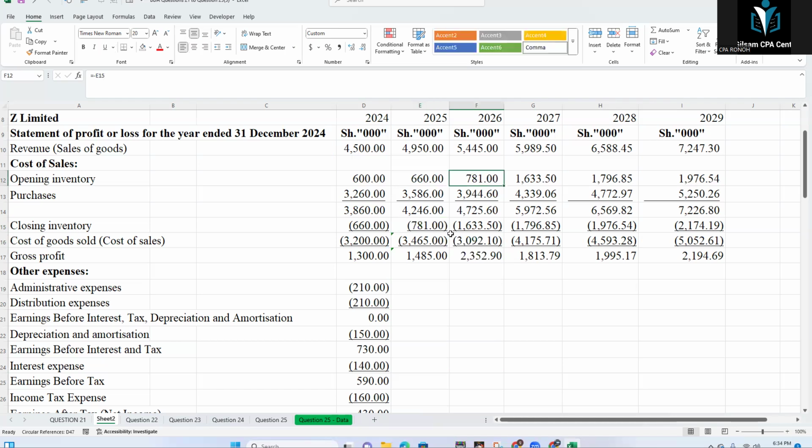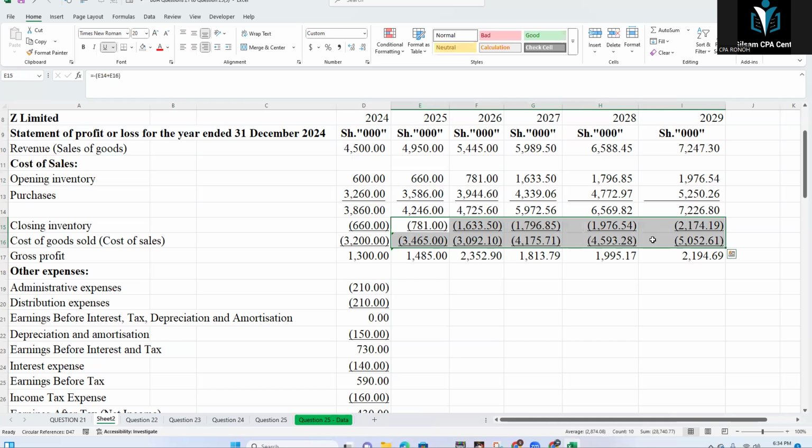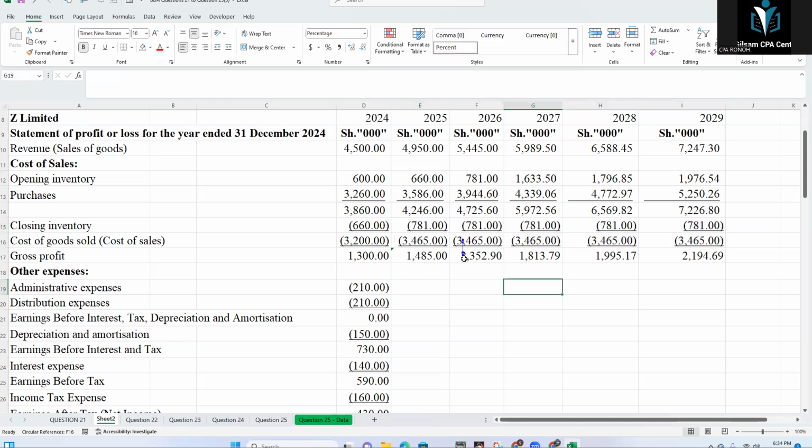So where have we inserted the formulas? I think these two. So you can select the two, and up to that, click Control R to copy the formula across. Now here, why are we getting this green something? That is 30% of that.